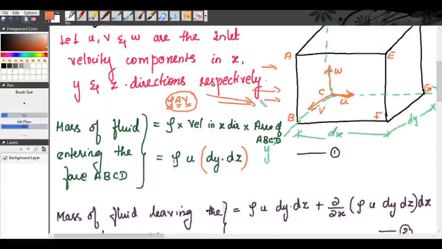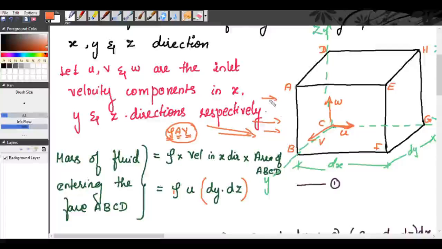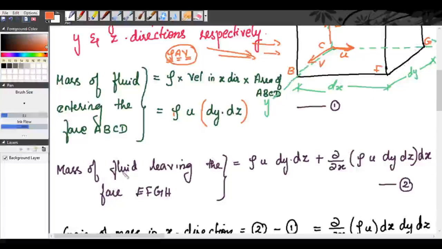Now, if the fluid is entering through the phase ABCD, it should leave through the phase EFGH. So what will be the mass of fluid leaving the phase EFGH?